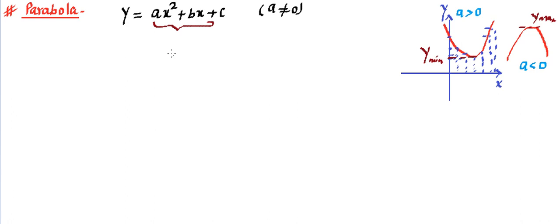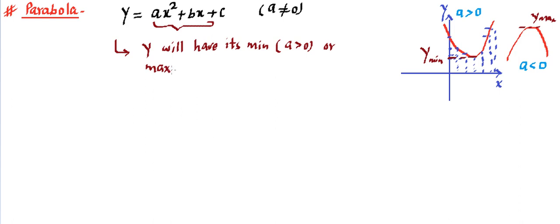In this case, y will have its minimum value in case of a positive, or maximum value, which will occur when a is negative, when x is equal to minus b by 2a.